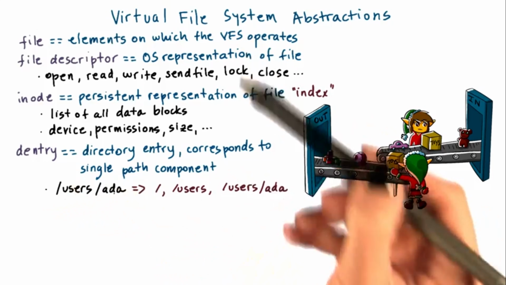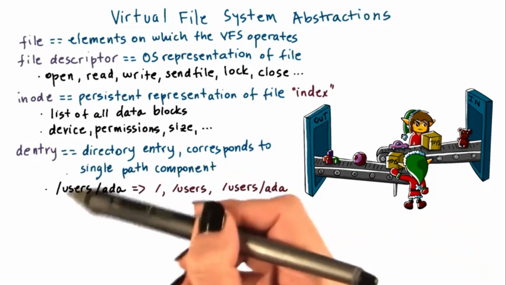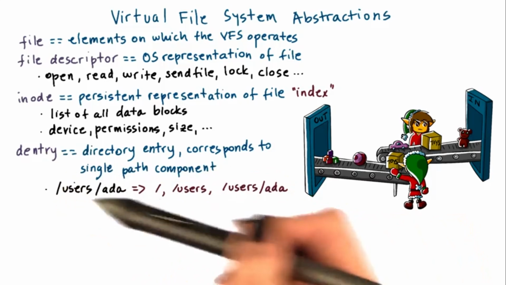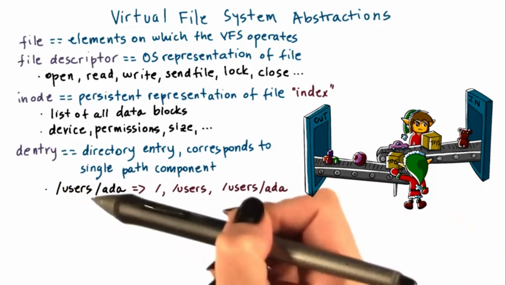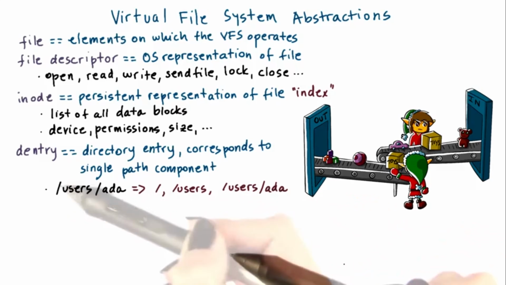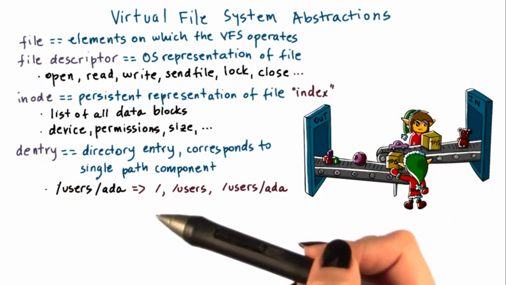In the process, the virtual file system will create a dentry element for every path component, for /users, that's the second directory in this path, and then finally for the third directory in this path, /users/ada. Note this first slash, that corresponds to the root directory in the file system structure.